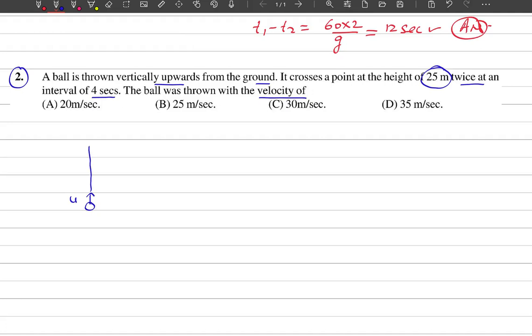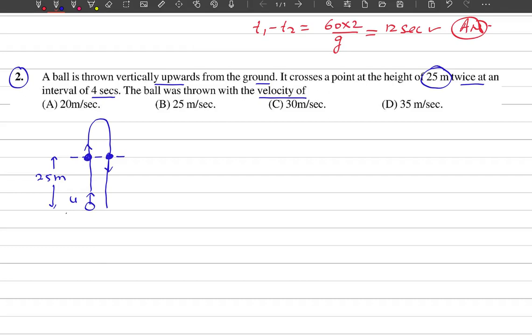This will be the path. It will go up and then will go down. This is the position which is 25 meter above the ground, and at this point you can see the ball is passing twice, once going upside and then going downside.